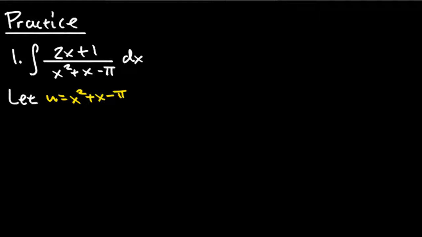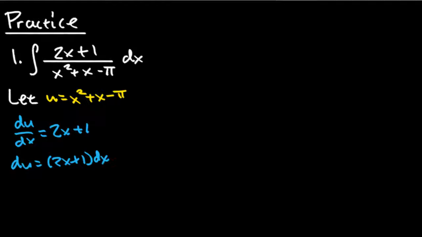Okay, so let's take the derivative of u with respect to x. We get 2x plus 1 minus 0. So in other words, du equals 2x plus 1 dx. And the perfect thing is we see all of those parts here. We get 2x plus 1 dx, and we get x squared plus x minus pi.